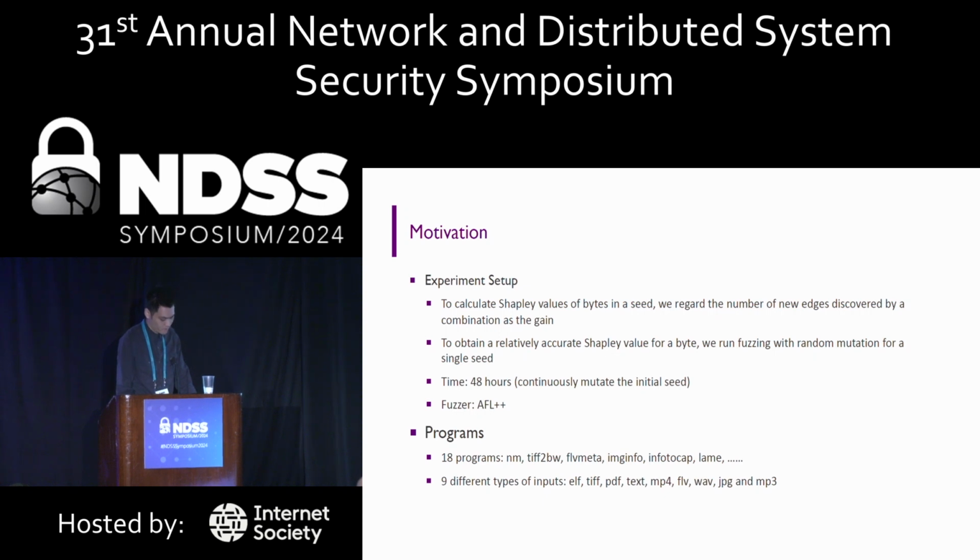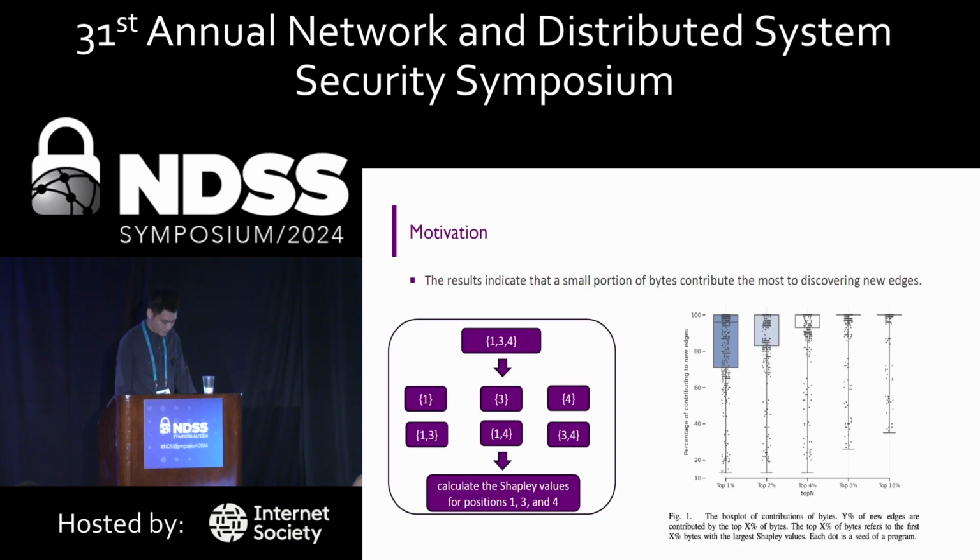Each fuzzing experiment focuses on a single initial seed for a program and continuously mutates the selected seed without updating the seed queue. During the fuzzing process, if a mutation discovers new edges, we recover all subsets of related bytes and test their results.